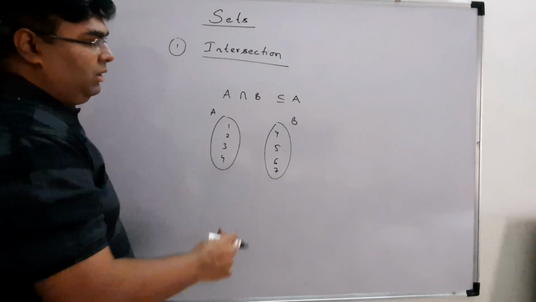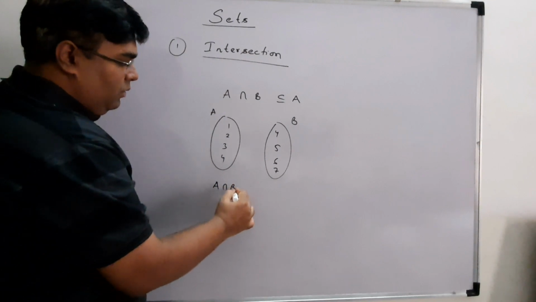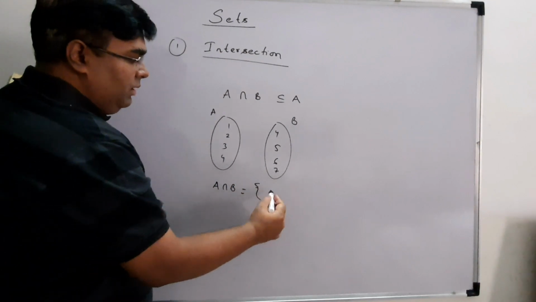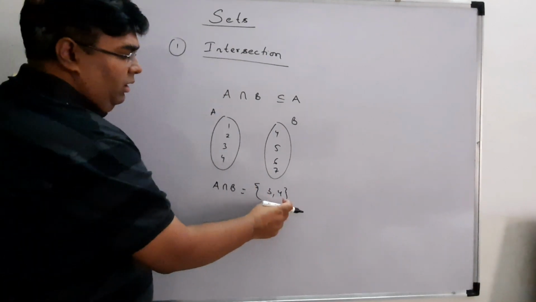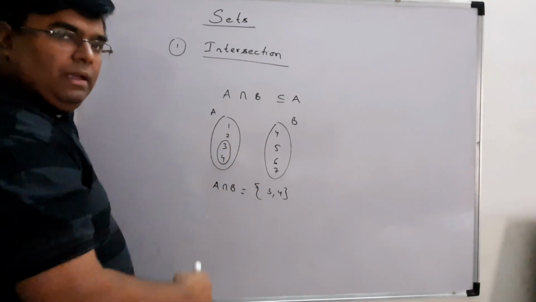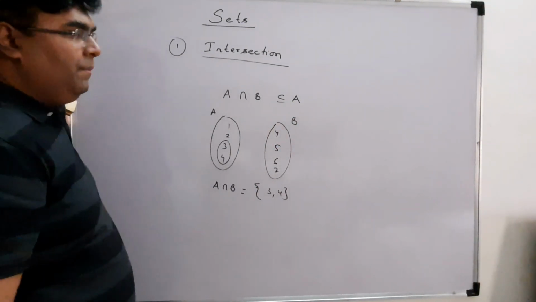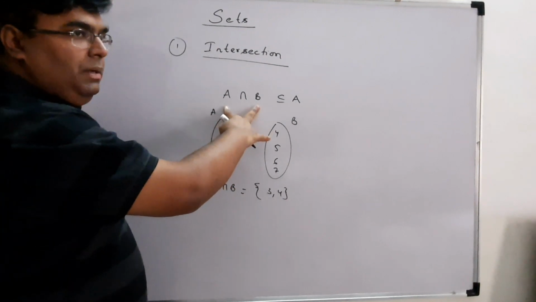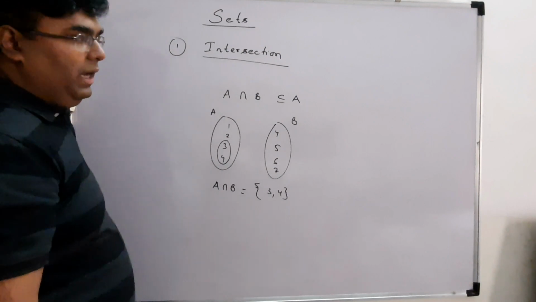So if I find A intersection B, what are the elements that will come? 3 and 4. Now this 3 and 4 is basically what? A subset of A, correct? So remember this property, that A intersection B will always give you a subset which belongs to A.